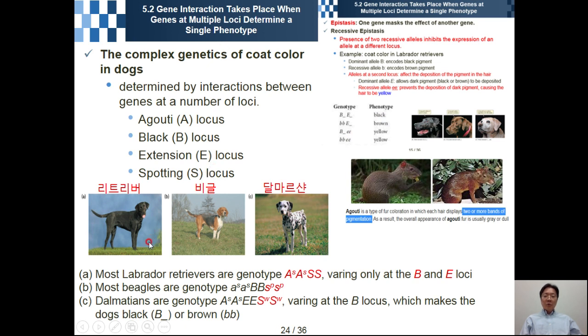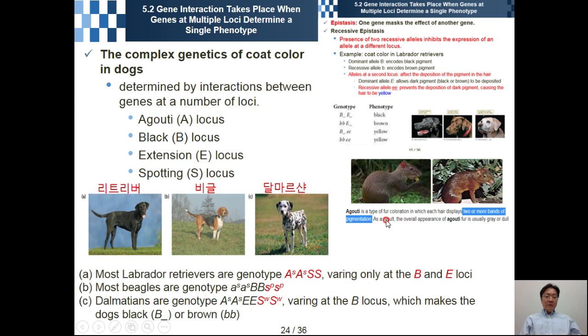So usually the coat color in dog is determined by interaction with A, B, E, S. Previously we learned about the interaction between B and E. For example, most retriever genotype is the A, agouti. What is agouti?